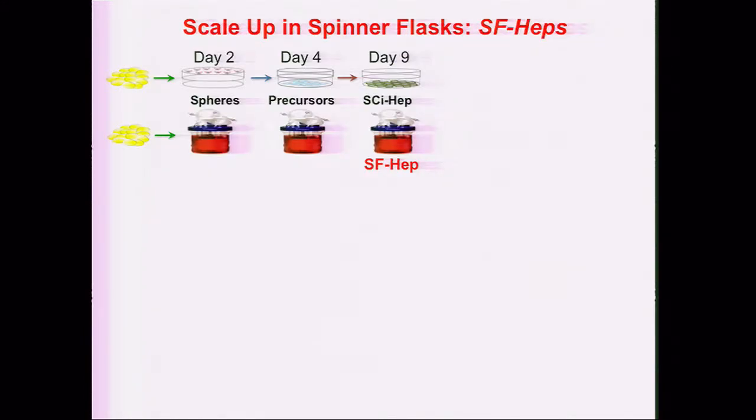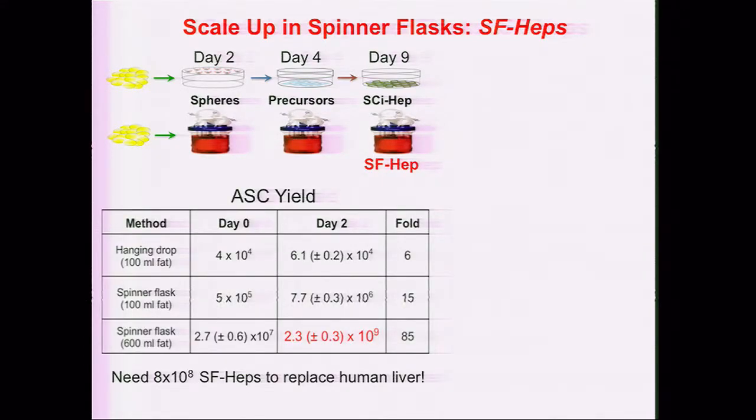So we've also scaled it up. We were doing little hanging drops to make our ISAP. We now call them SF-Heps for spinner flask Heps, where we grow them in these stir bar chambers. And just to show you, from half a liter of lipoaspirate, in our last couple runs, we've gotten 2.2 times 10 to the 9th cells out of it.